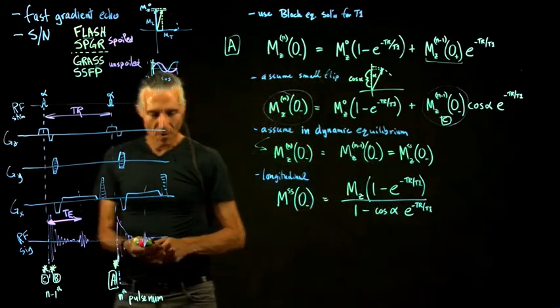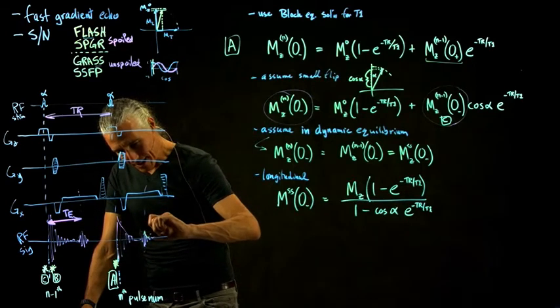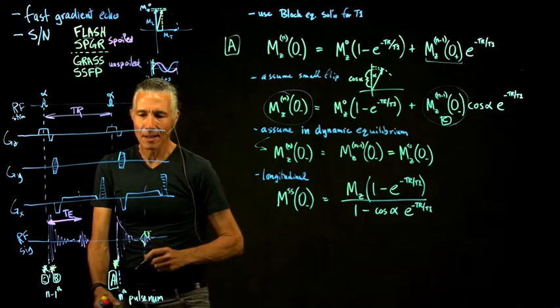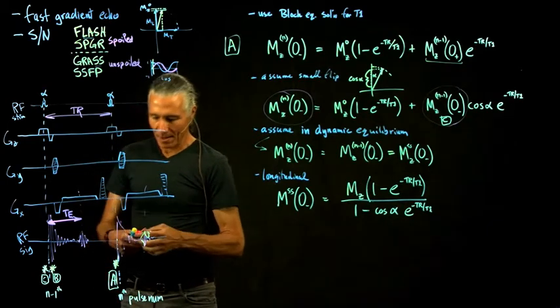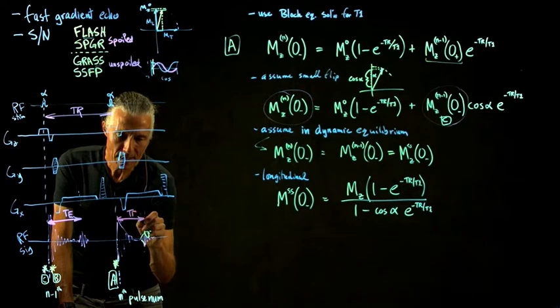Now what we're really looking for is the amplitude of this echo here. So this is the number we're really looking for. But that number is TE later.